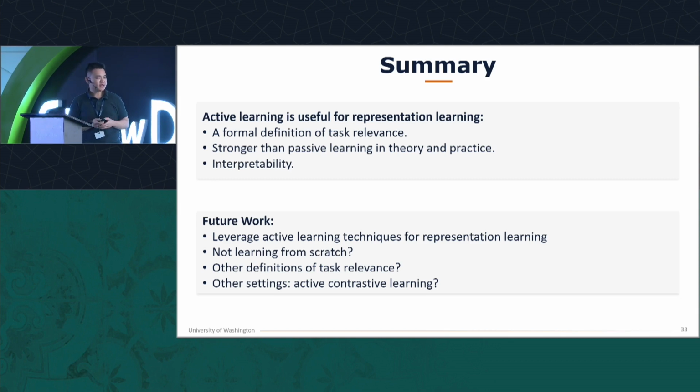There can be other definitions of task relevance, not using our minimum norm, to capture the connection between different tasks. And lastly, you can also study other representation learning frameworks like contrastive learning. Can you do active contrastive learning there?